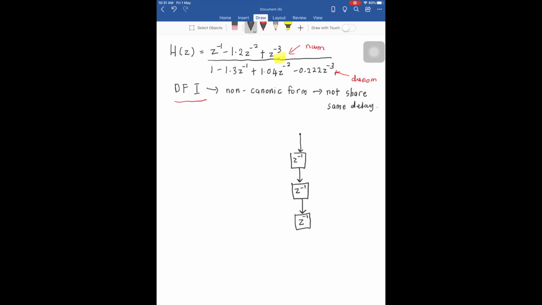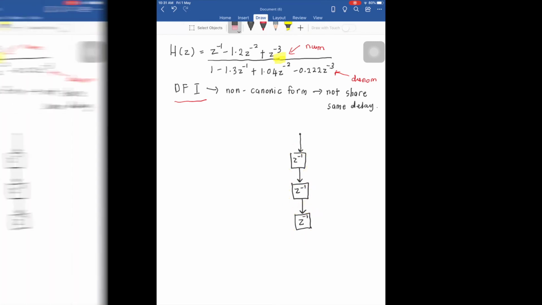If you put those, the third delay would give z minus 6 when you multiply them together, which is not equivalent to the highest degree of your numerator. So make sure you have z minus 1 three times, so that when you combine them, 1, 2, 3, it is actually z minus 3.